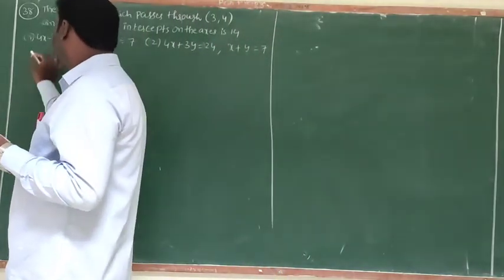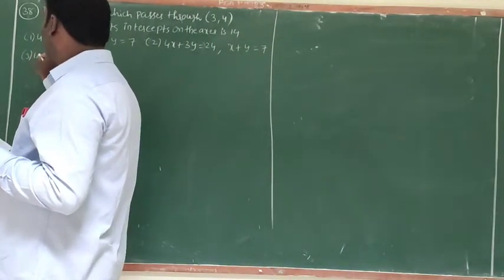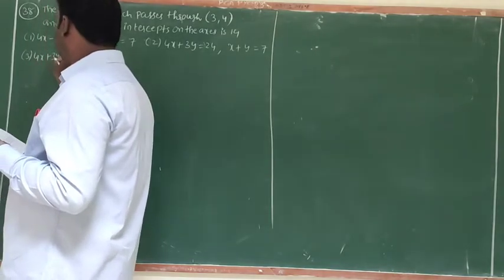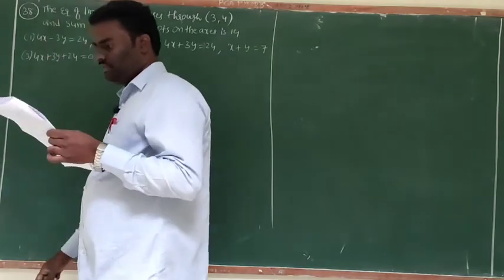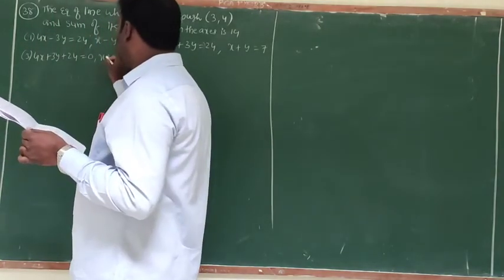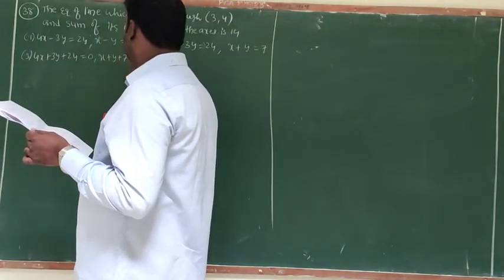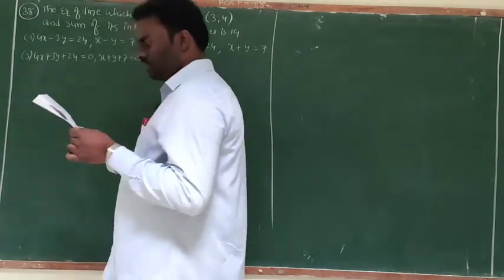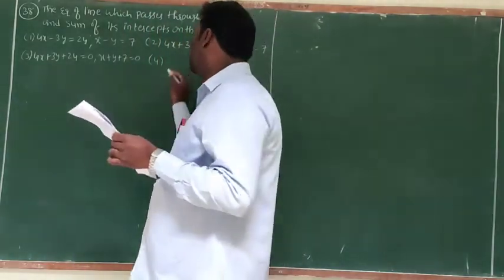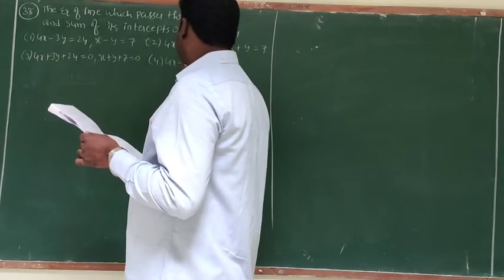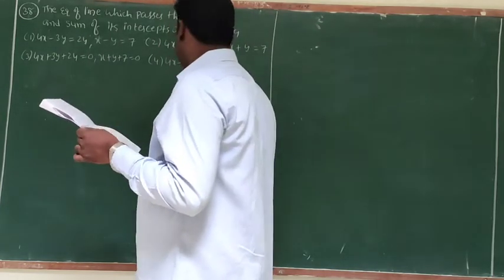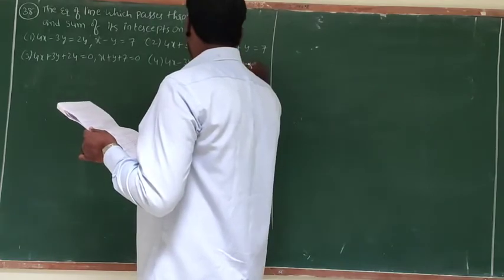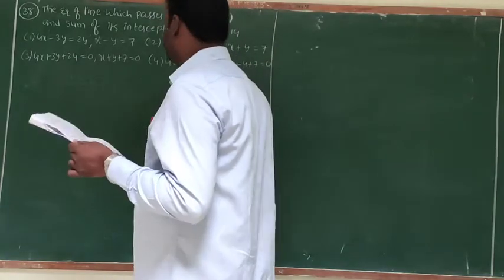Third one, 4x plus 3y plus 24 equals 0, x plus y plus 7 equals 0. Fourth option, 4x minus 3y plus 24 equals 0, x minus y plus 7 equals 0.